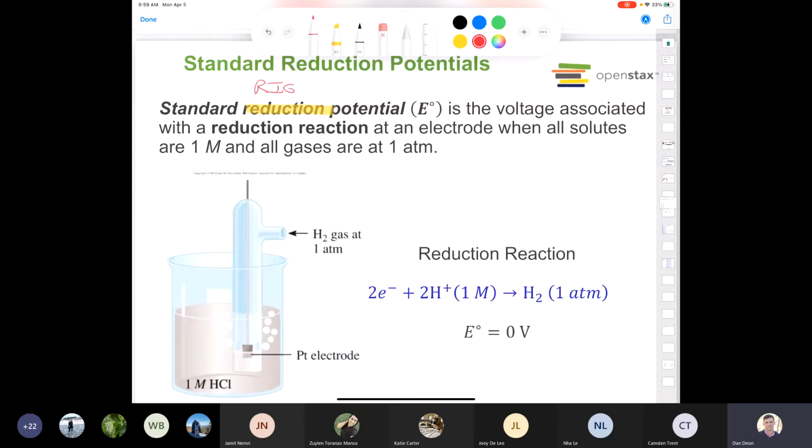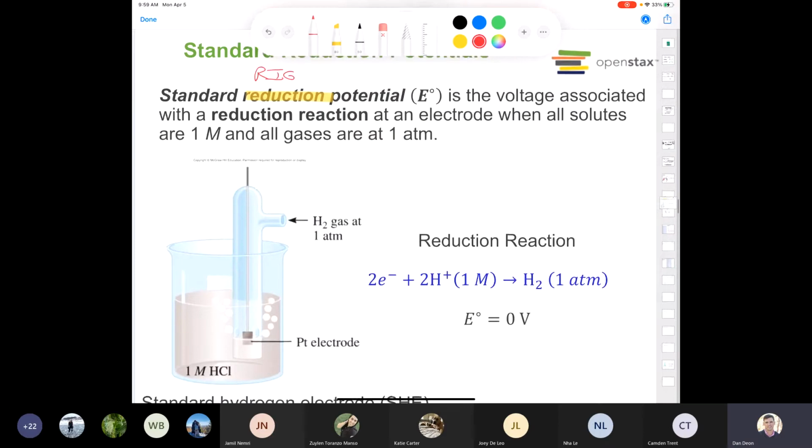RIG, right? Reduction is gaining electrons. So how do we measure how much a metal or an ion or a polyatomic ion wants to gain electrons? Well, we call it its standard reduction potential. It's the amount of voltage associated with the reduction reaction at an electrode when all solutes are 1 molar and all gases are 1 atmosphere.